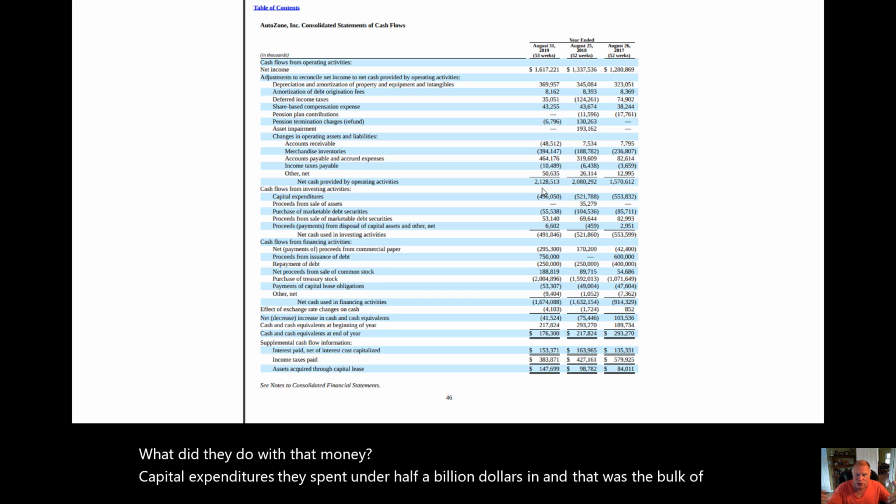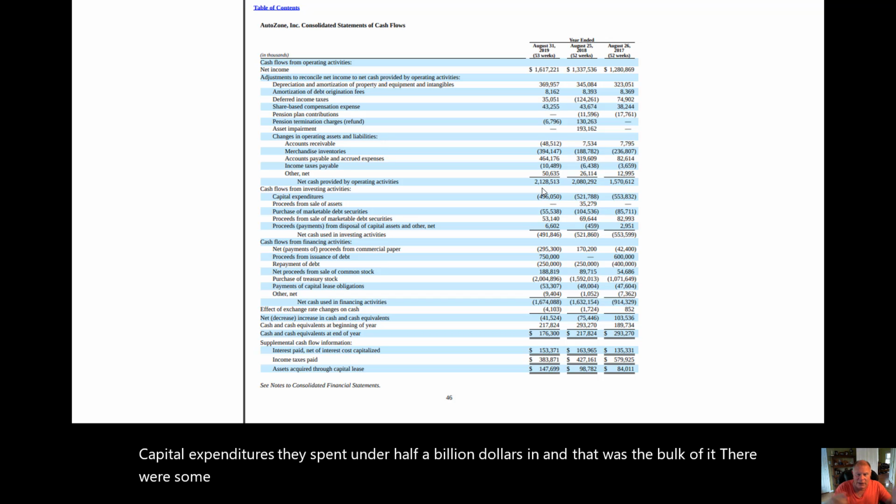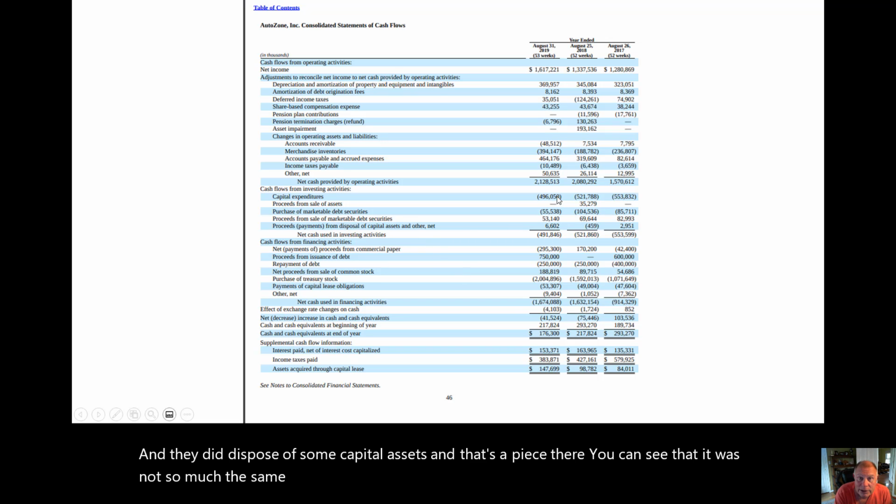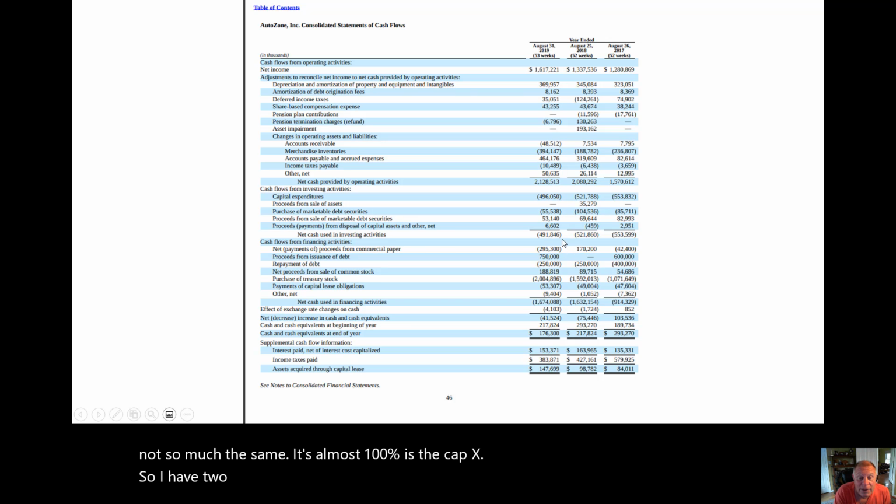There were some changes, and they did dispose of some capital assets. And you can see that it's almost 100% CapEx. So of $2,000,000,000, they invested $492 million.